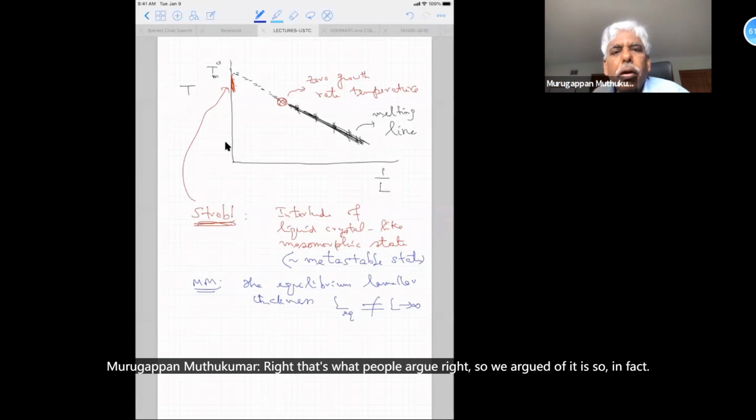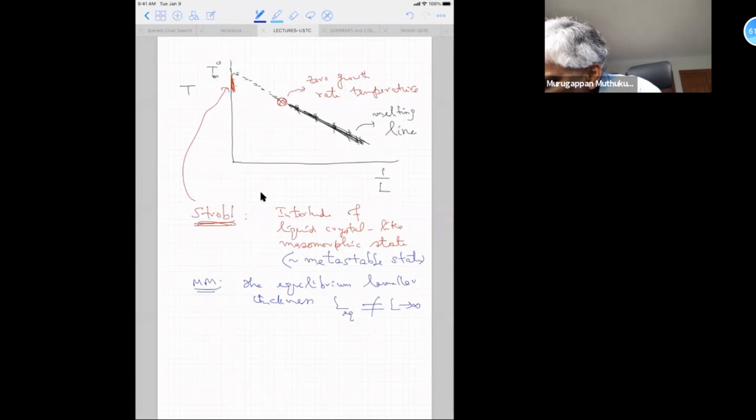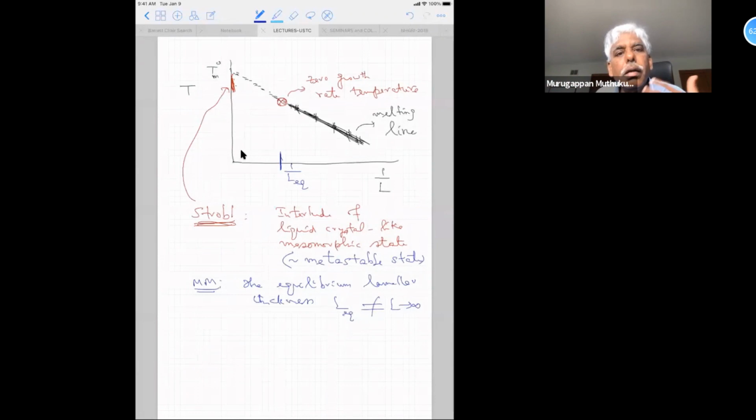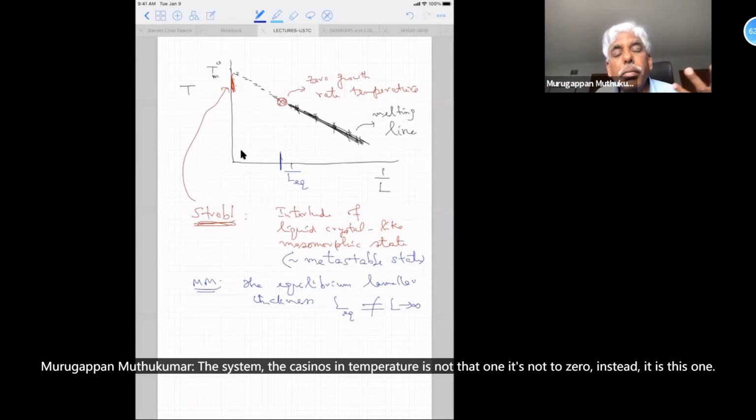That's what people argue. So we argued with this. So in fact, this is 1 over L equilibrium. Everything stops there. L equilibrium is precisely the point where you have zero growth rate. So therefore, the crystallization temperature of the system is not that one. It's not Tm0. Instead, it is this one.